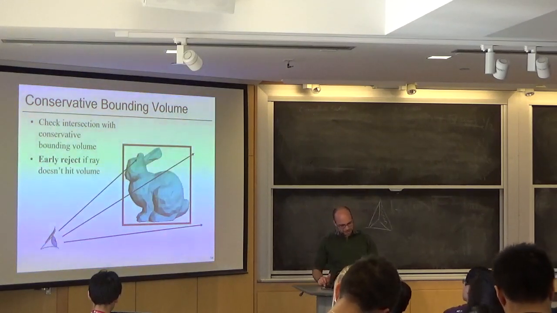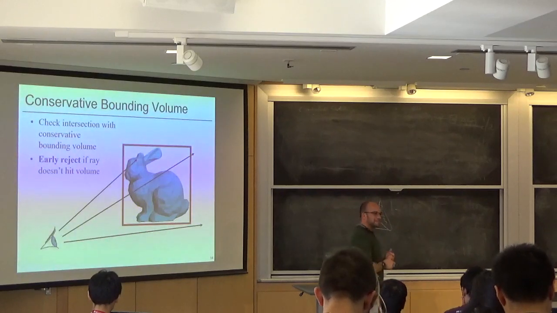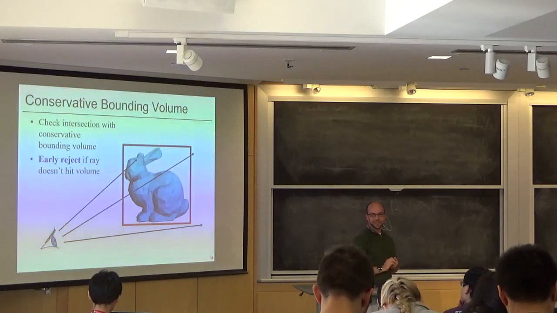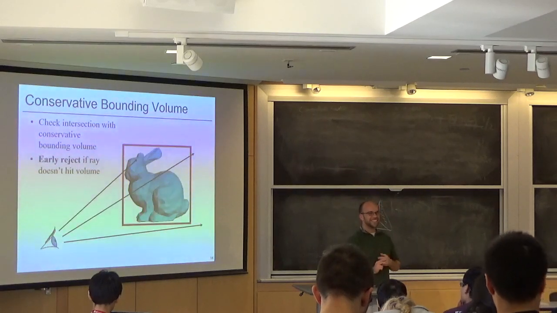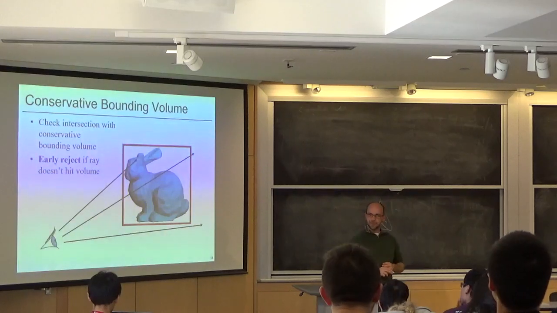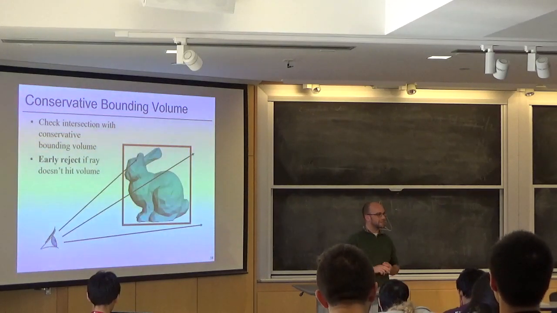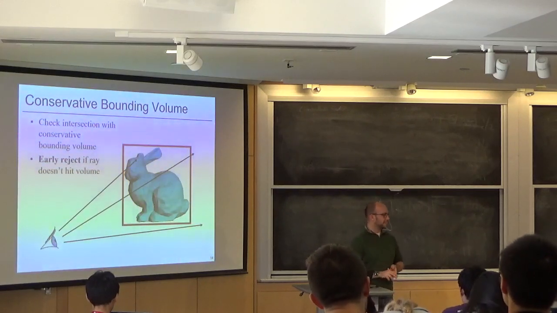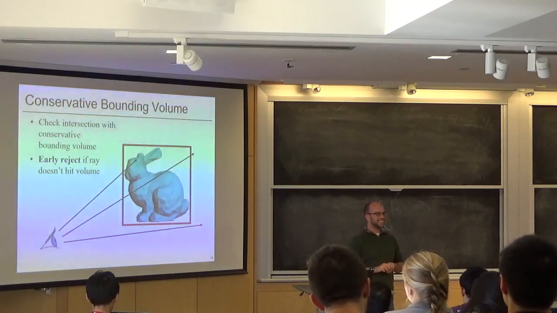So the simplest thing to do would be to put a giant box around the bunny. If your ray doesn't intersect the giant box, then don't intersect with any of the triangles inside the bunny. It sounds like a stupid thing to do, but if my scene has 1,000 bunnies in it, and every bunny has many thousand vertices, I've just avoided a huge number of potential intersection tests.